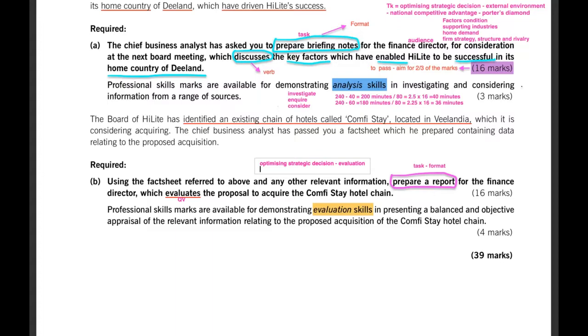But at the same time, it's also evaluating and enabling strategic decisions. Which part is the financial analysis?